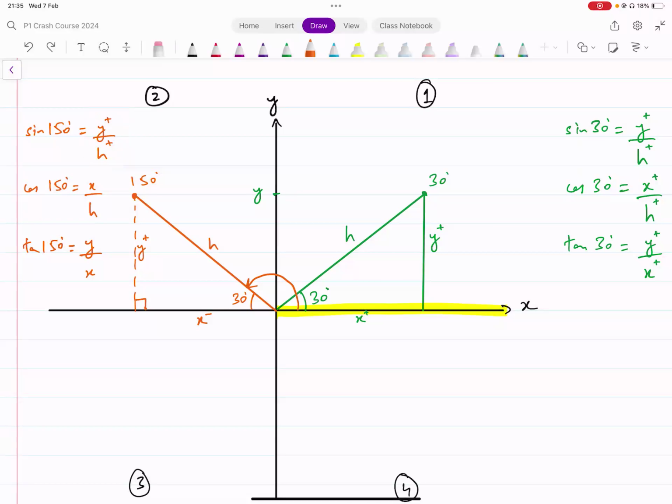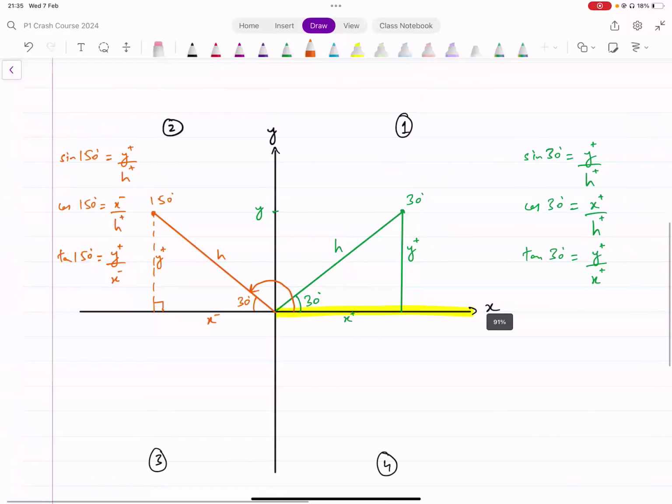However, since the x coordinate becomes negative on this side, x is negative, h is positive. What that gives us is that the value of cos is going to be negative, because x is negative, h is positive, one negative value that makes the whole thing negative. Similarly, what about tan? In tan, we have y positive, but x is negative. Tan is also going to be negative.